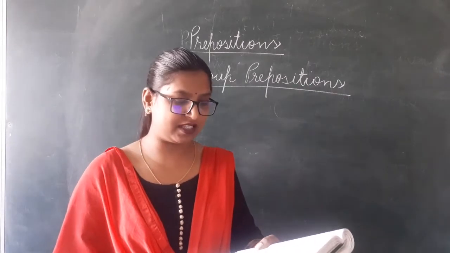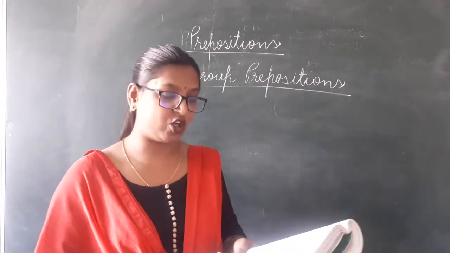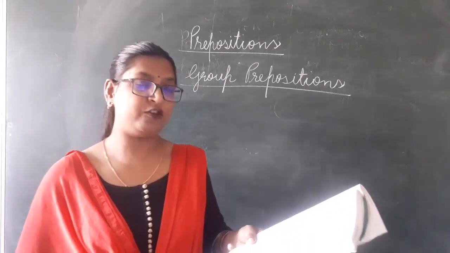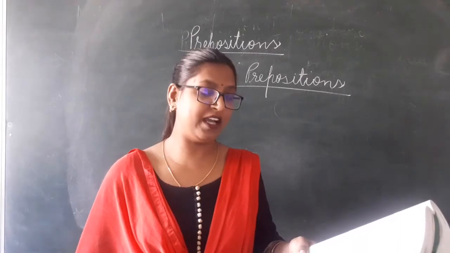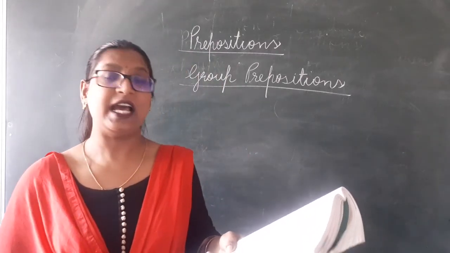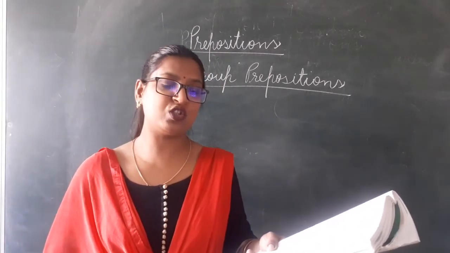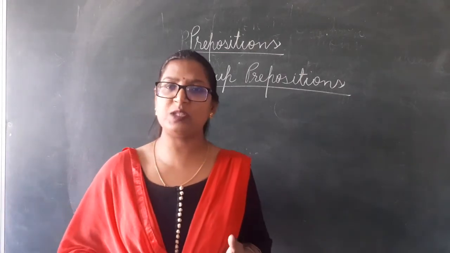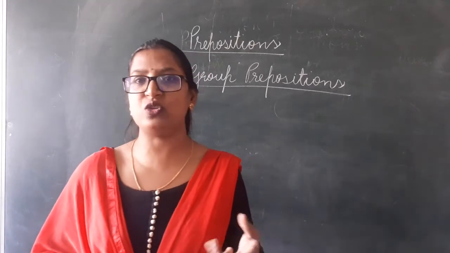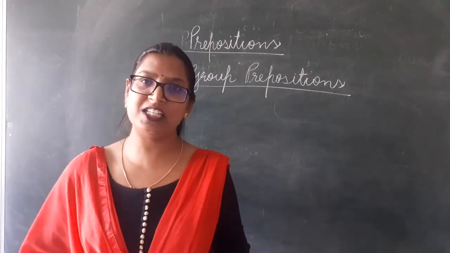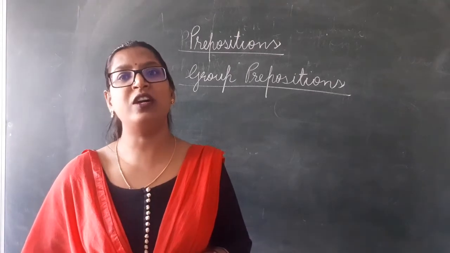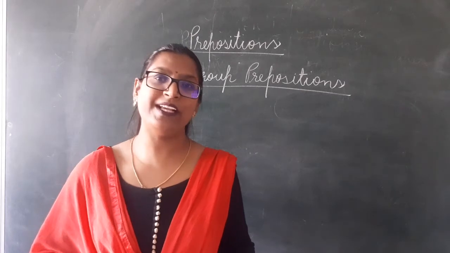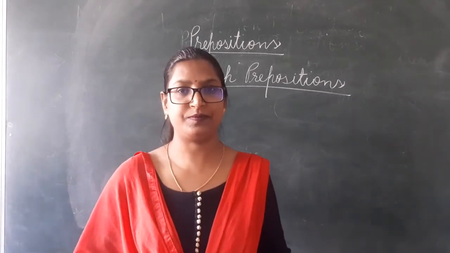Here the examples are given: in spite of, owing to, for the sake of, in front of, due to, on behalf of, in order to, as a result of, in the course of, by means of, instead of. You can see all these prepositions are made up of two words or more than two words. So all these are group prepositions, or complex prepositions.